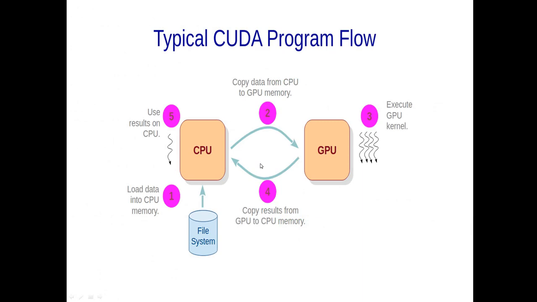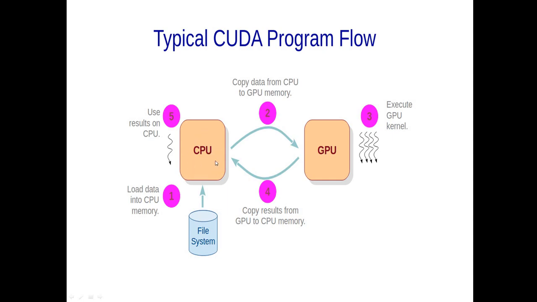Now, a typical CUDA program flow is all about memory pointers and memory locations, memory-based data allocation and also memory copy. So a typical system looks like this. You are always sitting in the CPU and programming.